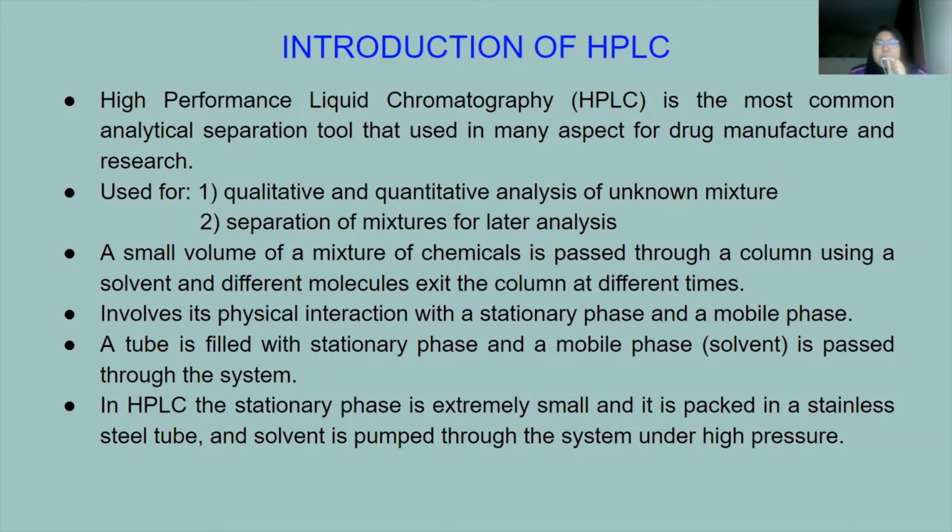In HPLC, the stationary phase is extremely small and is packed in a stainless steel tube, and solvent is pumped through the system under high pressure. A small, high surface area stationary phase maximizes the interaction between the substance to be separated and the stationary phase, which results in a better separation.